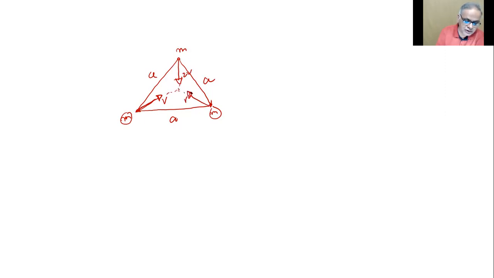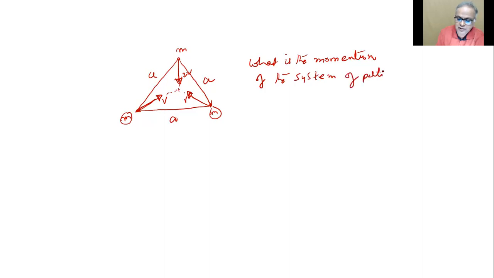So what is the momentum before they collide? What is the momentum of the system of particles, before they collide?